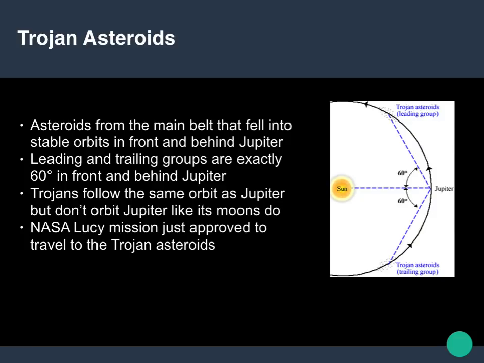The arrow is pointing in this direction, so Jupiter follows this path. Here's the sun, and there's a little cluster behind Jupiter and in front of Jupiter. And these asteroids were from the main belt, and they fell into these stability points in front and behind of Jupiter. And it's interesting because they're exactly 60 degrees away from Jupiter.